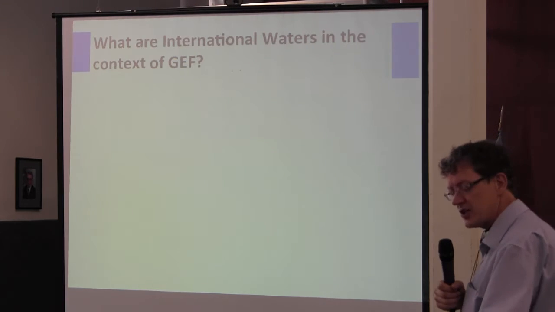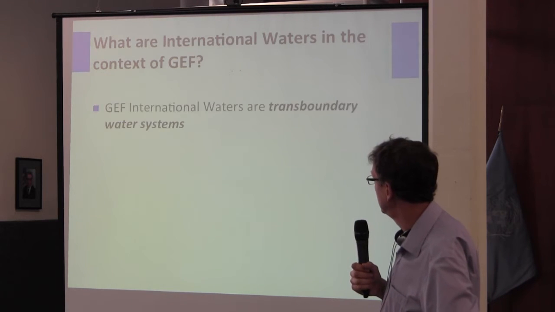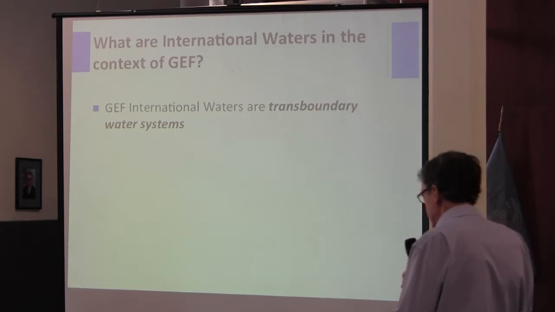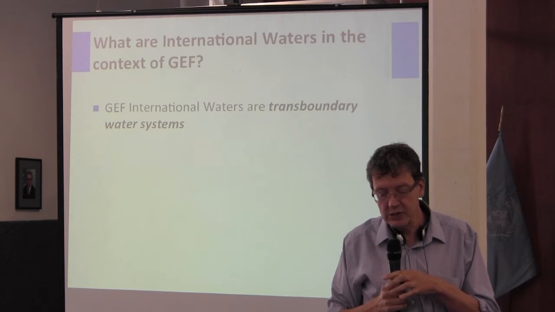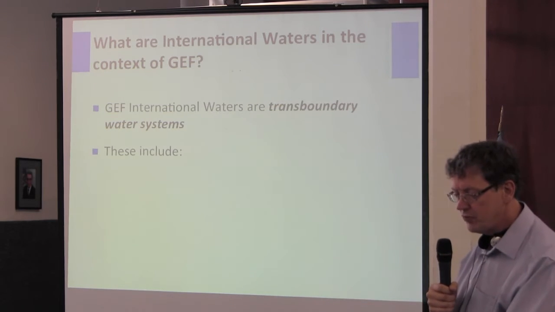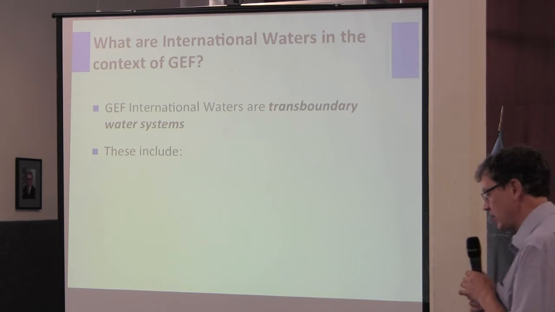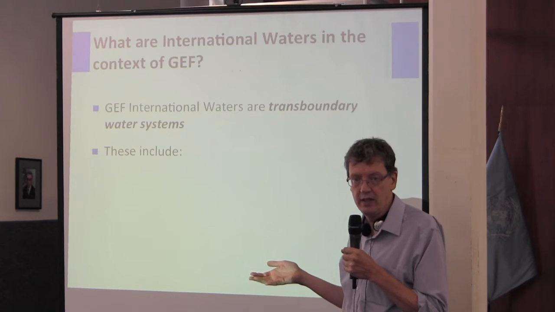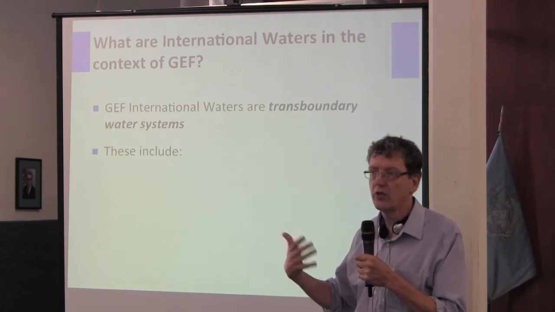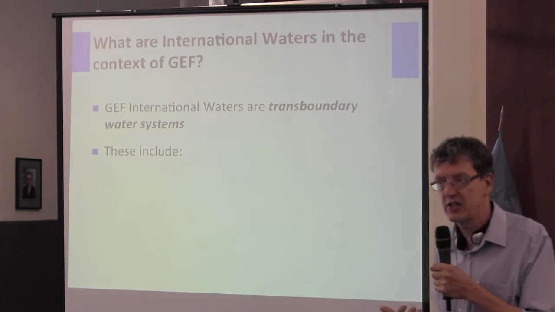So what are international waters when we're talking about GEF? GEF international waters are transboundary water systems. That's what it's looking at. We're not really talking here about international law of the sea, particularly. We're not talking about UNCLOS, the UNCLOS definition of international waters.